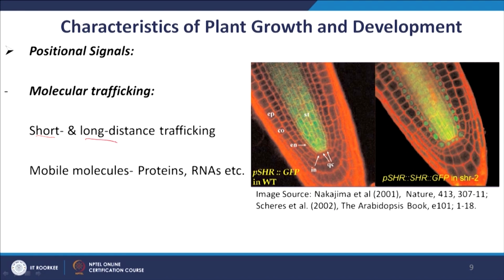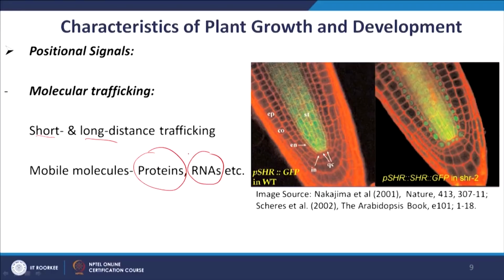Trafficking means there are a lot of signaling molecules, in the form of protein, messenger RNA, and microRNA, which have been shown to be generated in one place and move to another place. The movement can be short distance, just to the neighboring cell, or they can move through the transport system to a very long distance.